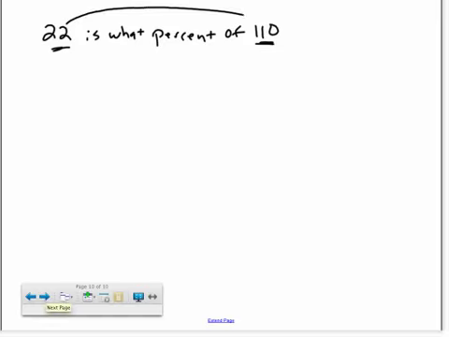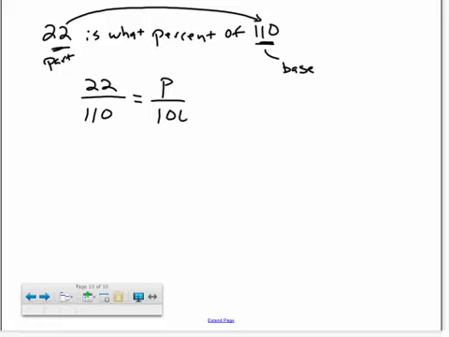So we're kind of comparing these two things. 22 is my part, and 110 is my whole or my base. And so I've got 22 out of 110, and we know that that's always equal to my percent over 100. And so then what I want to do is try to figure out exactly what my percent is.